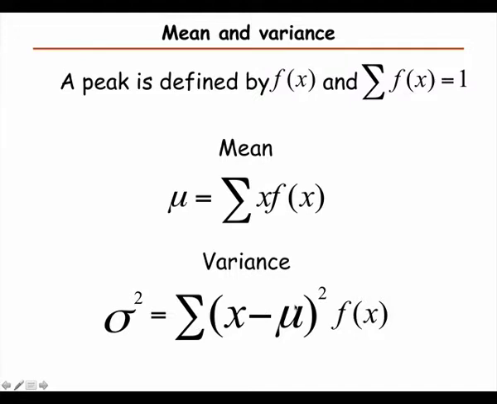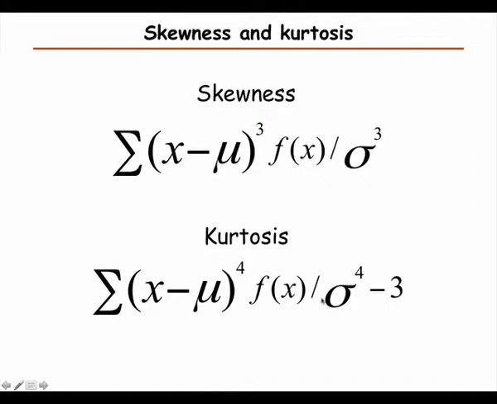And the variance is that we take this mean and the difference, take the squares of the differences from each value and weight that with f of x. So then, as you can see, we can continue this. This is now to the first power, second power, and then it very nicely comes out what skewness is when we do this to the power of 3, and kurtosis the power of 4.